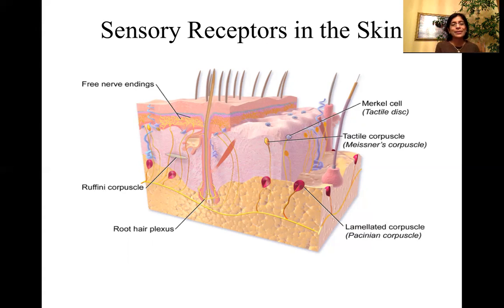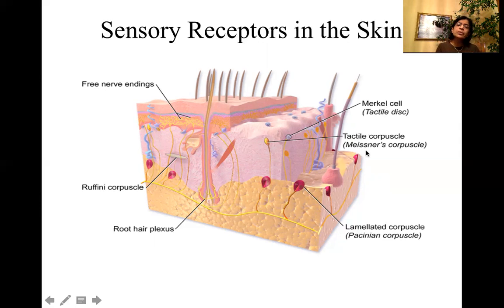It houses free nerve endings, which serve as pain receptors, there are thermoreceptors. It also houses a number of tactile receptors, the root hair plexus. Then you're talking about the Pacinian corpuscle here, and then the Merkel disc or Merkel cell, and then the tactile corpuscle.